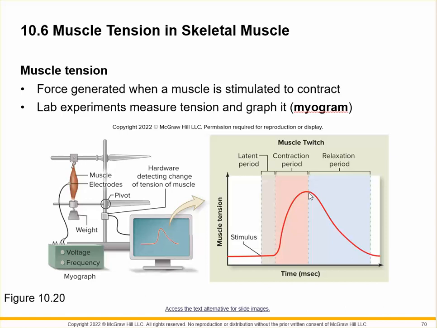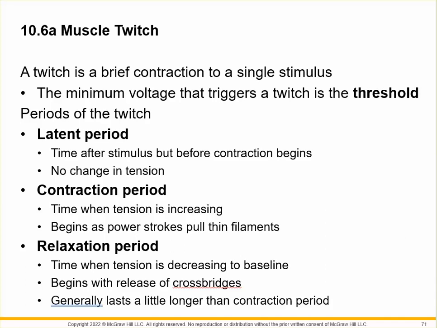There is this maximum, but there's this steepness of curve up and down in the contraction period and in the relaxation period. The steeper these are, the faster the twitch. The more spread out it is, the slower the twitch. So the latent period, and these periods are important, so please know them.